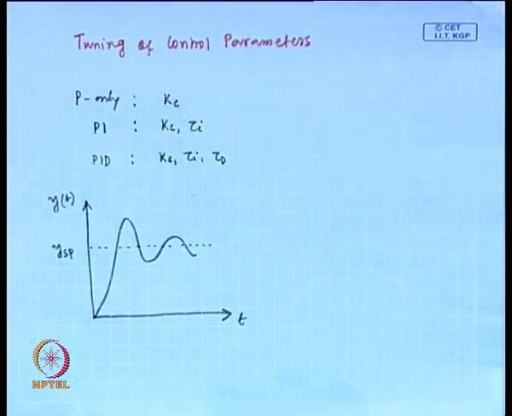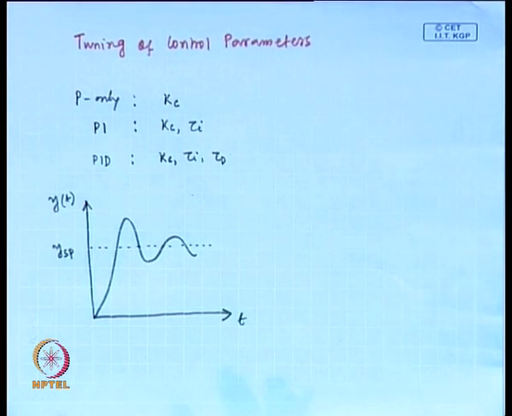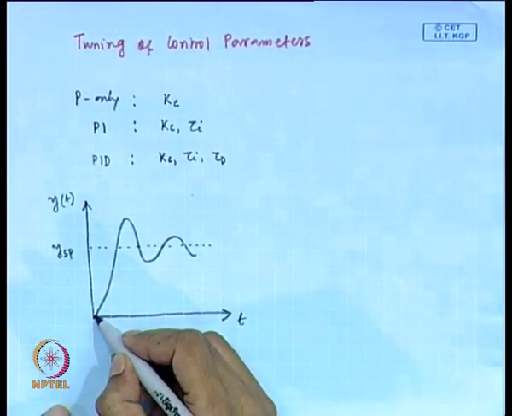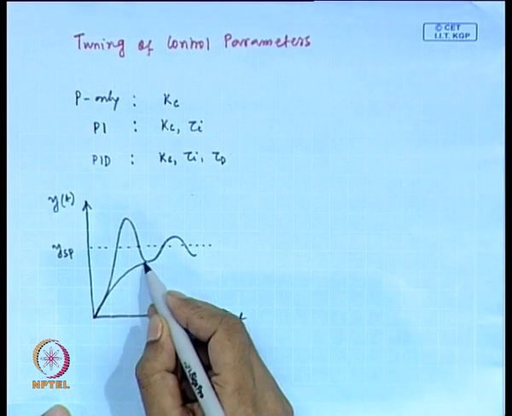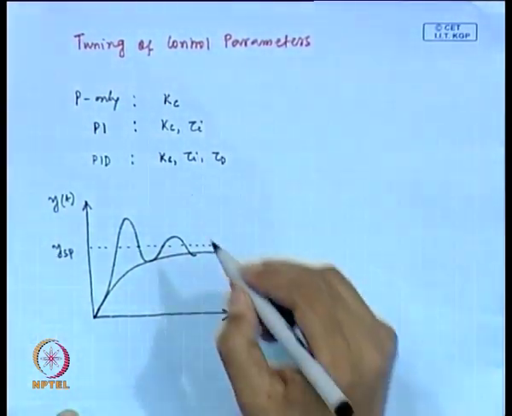for a particular set of tuning parameter values, and if we use another tuning set, we get, suppose, this type of response.